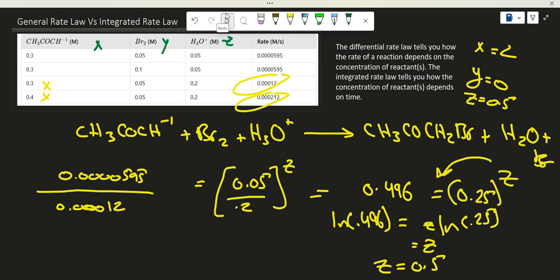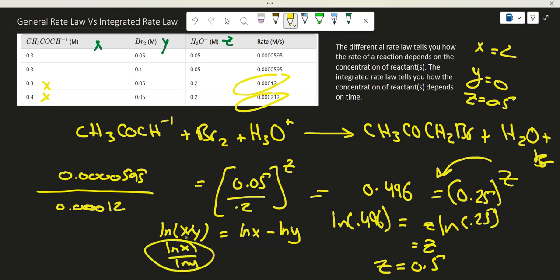So let me explain that to you. ln(x/y) is ln x minus ln y. That's the property. But in our case, it's not this. It is ln x divided by ln y. So there are two separate functions here, so we can't do that.